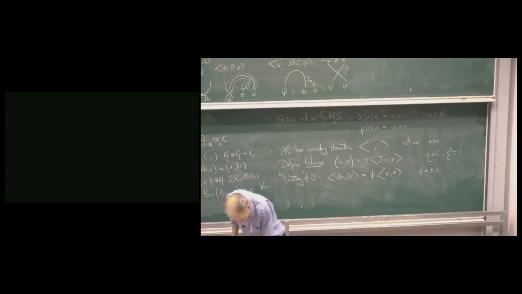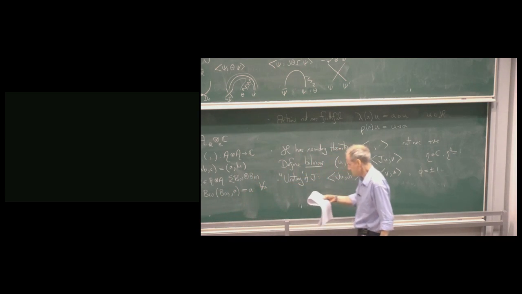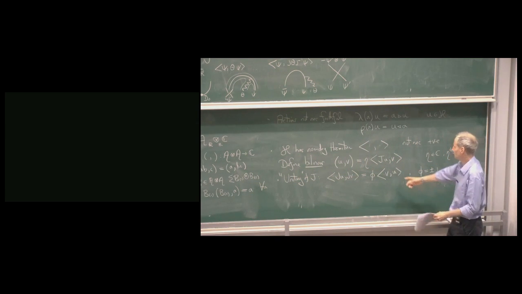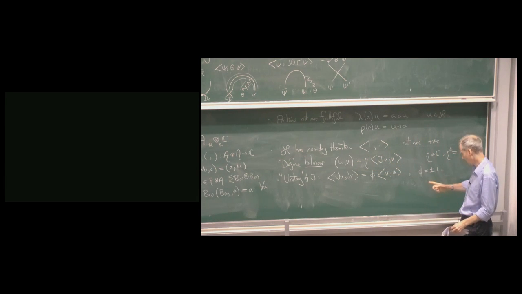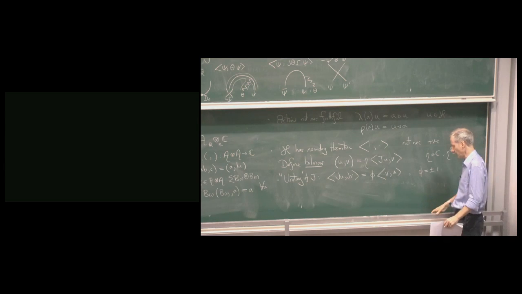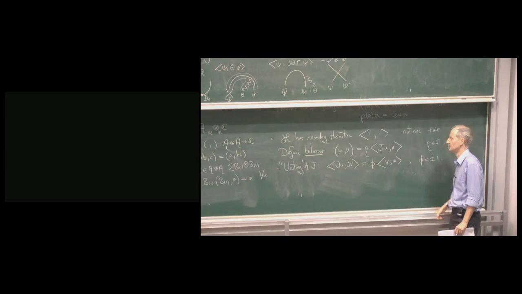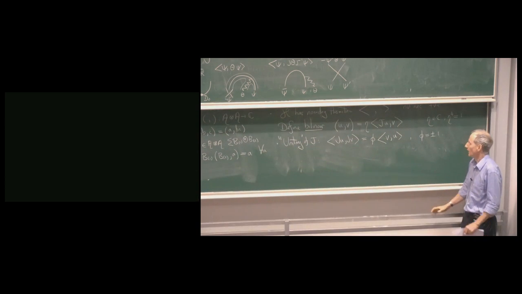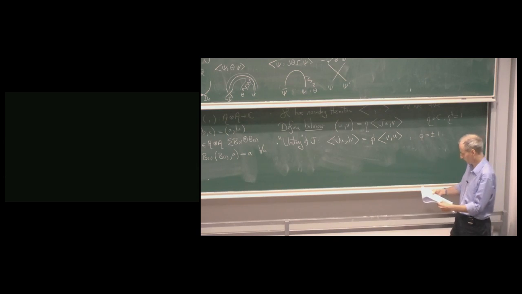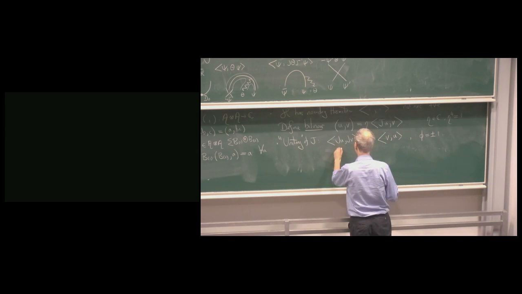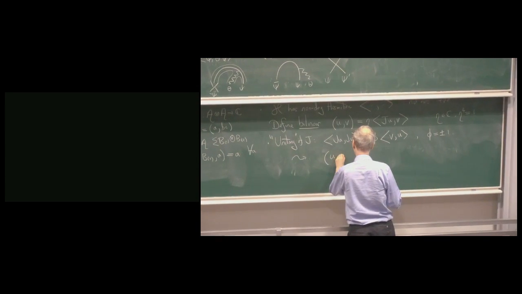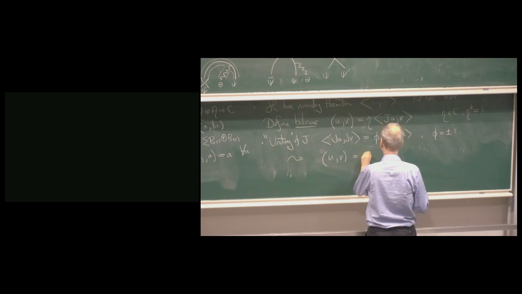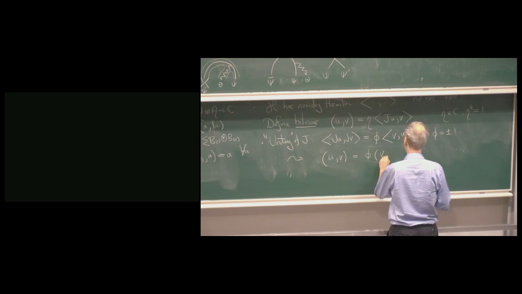Right, and then we want to translate this condition into the bilinear form. That translates as follows: this condition becomes the bilinear of u and v is phi times v J squared u.